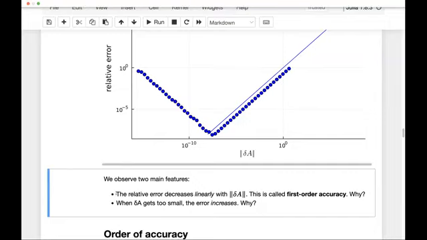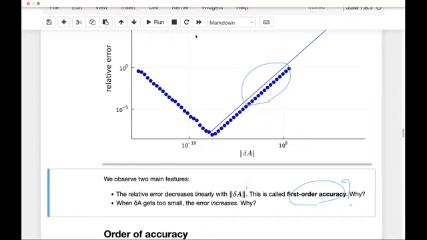First of all, I want to talk about the right portion of the plot, where it's doing what we expect. The error is decreasing as you make dA smaller, but I want to drill in a little deeper. Why is it decreasing linearly with dA? Why are we getting first order accuracy, as it's called? So error that goes like dA to the first power.